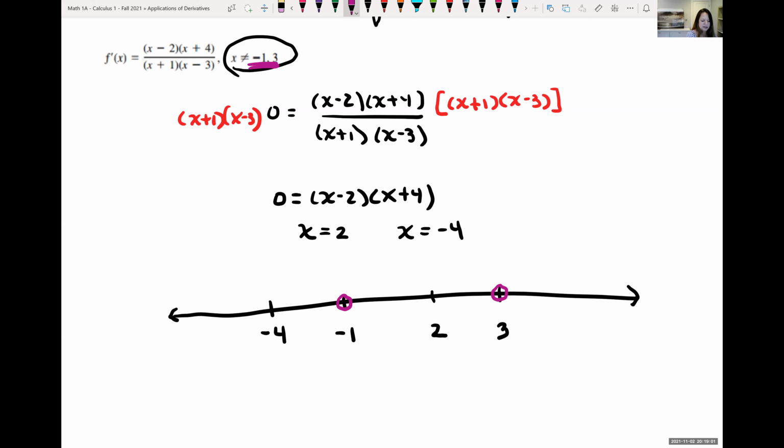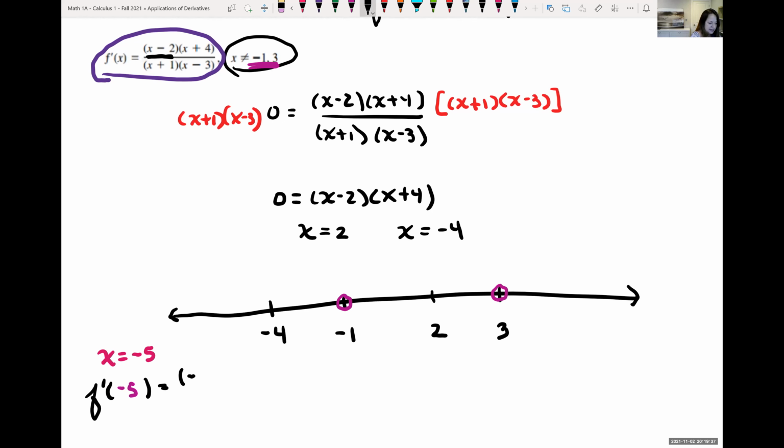So let's start testing points. Let's look at the left-hand side of -4. So something smaller than -4, and we're plugging it into the derivative. Let's just think about positive and negative numbers to see if this result's going to come back positive or negative. So let's say we chose x equals -5, and we plugged in f prime of -5. Well, -5 minus 2, that's negative.